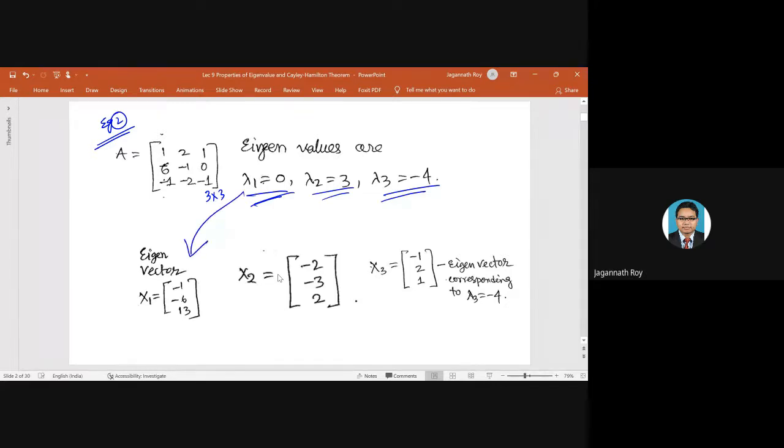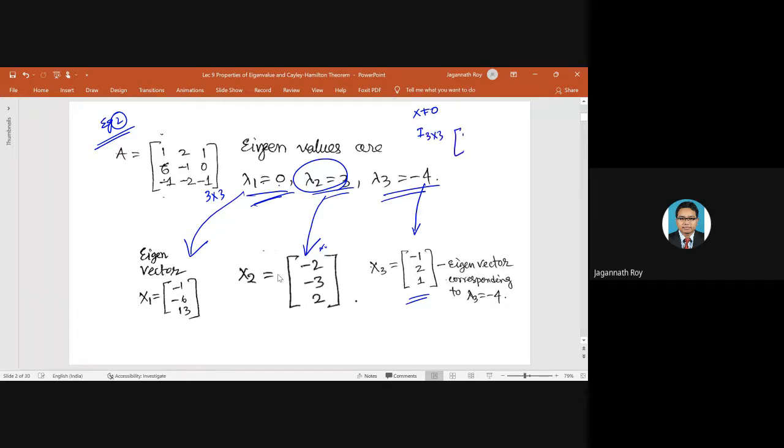For lambda 1 equals 0 we obtained this eigenvector, and for lambda 3 equals minus 4, we have received this eigenvector.